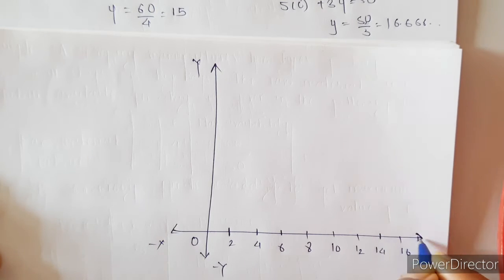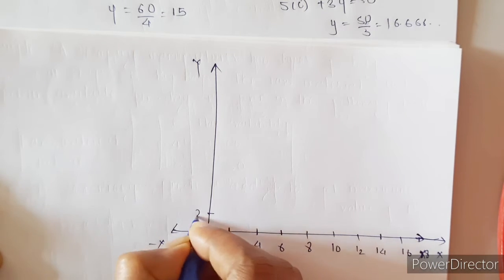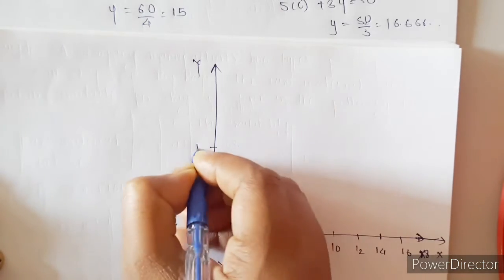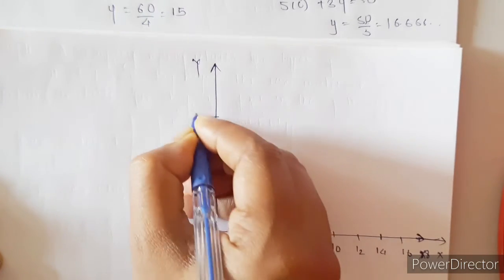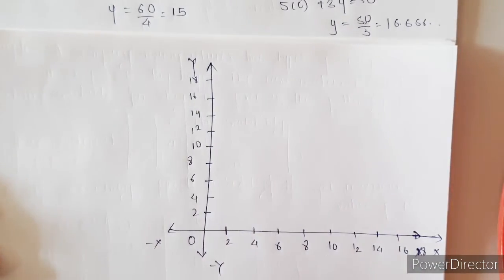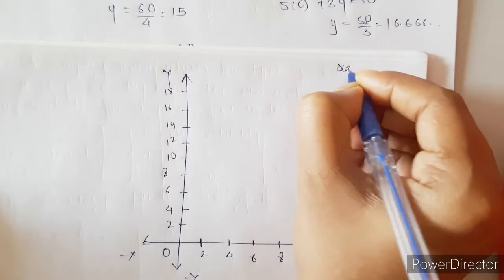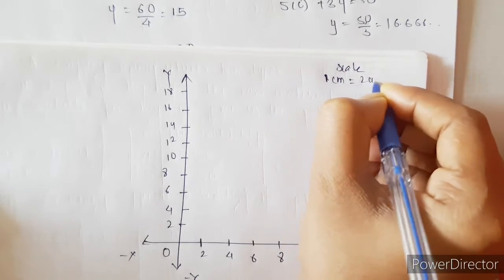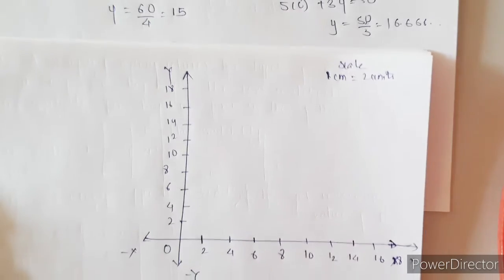And then let me just expand it and take 18 here. Next 2, 4, 6, 8, 10, 12, 14, 16 and 18. So what is our scale? We are taking 1 centimeter equals 2 units on both the axes.